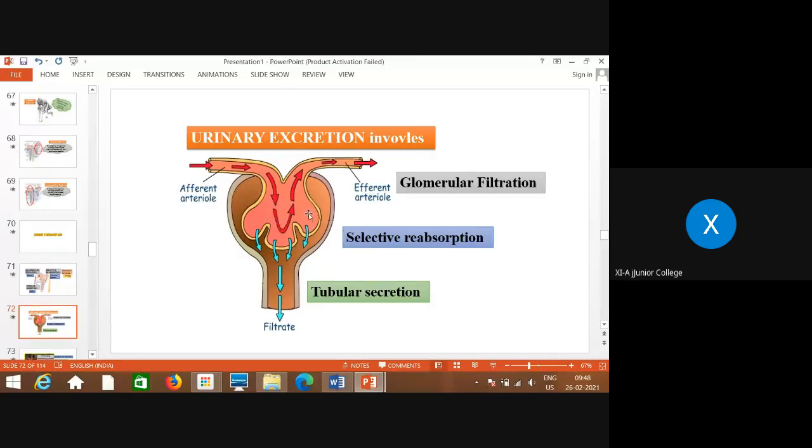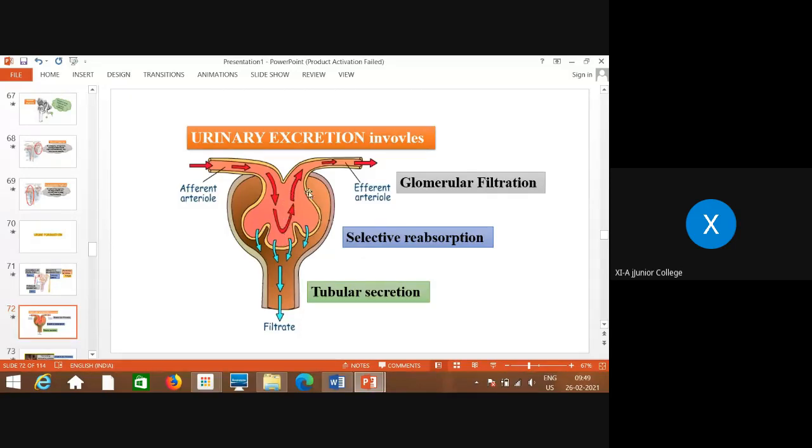And how is this pressure created? Because of the difference between the afferent and efferent arteriole diameters. Whatever pressure is created, that is glomerular hydrostatic pressure, and it helps in the filtration.